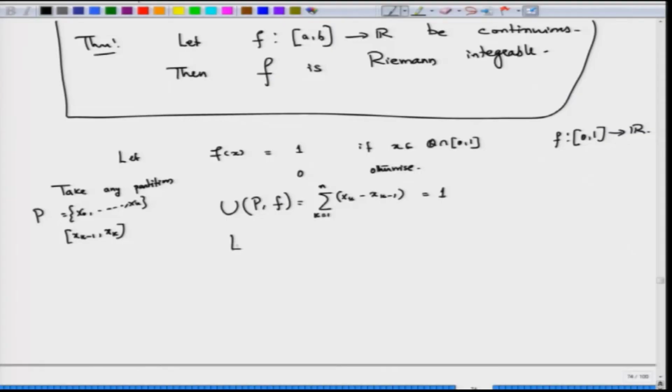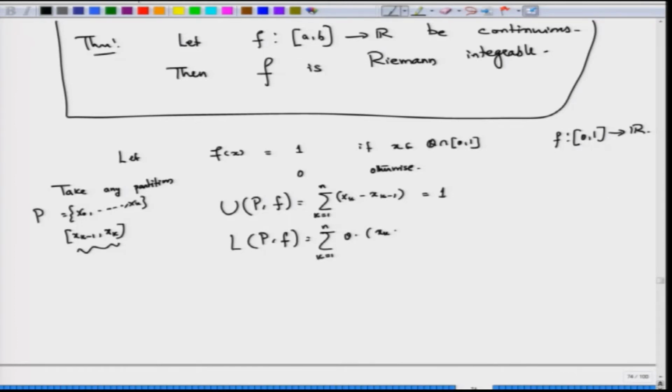Now, let us get L_P of f. This is going to be the minimum of f in the interval x_{k-1} to x_k. Now, this interval will definitely contain irrationals, and f takes the value 0 at those irrational points.